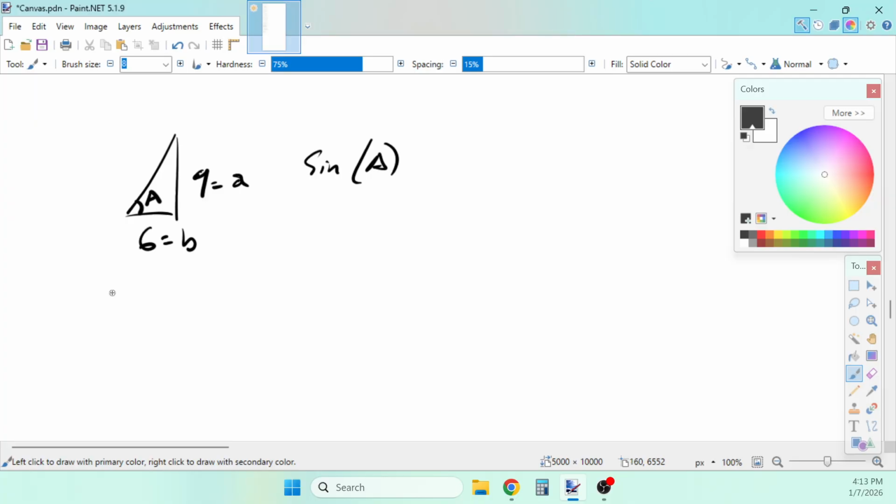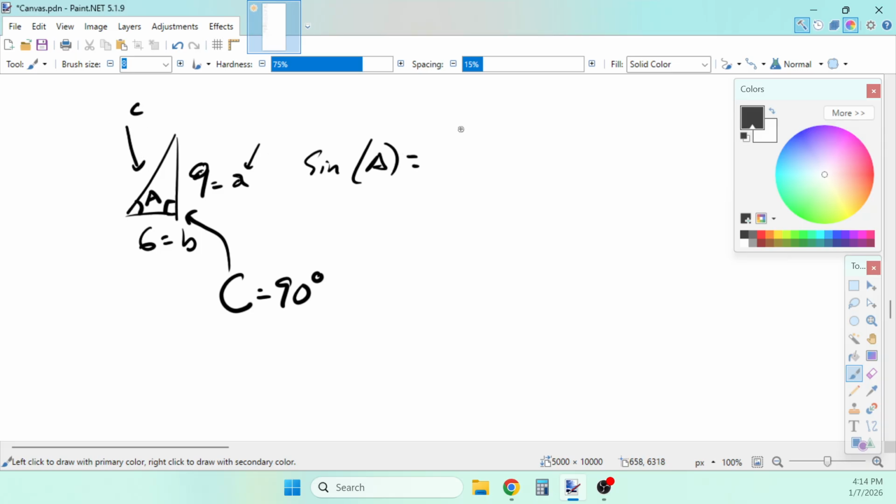So this is angle A because it is opposite side A. Side A is 9 units. This is the 90-degree corner, so for instance, this is capital C and is 90 degrees. And this is lowercase c because it's the side opposite that.